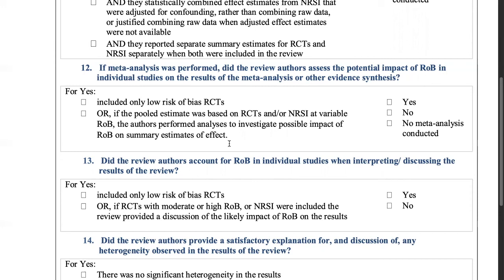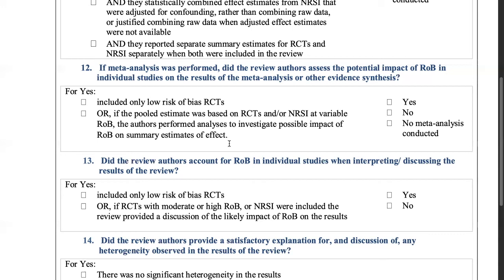In summary, for this second option, what authors should do is conduct a meta-analysis with both high and low risk of bias studies and see the results. And then they need to separate the low risk of bias from the high risk of bias studies, and conduct two meta-analyses separately.